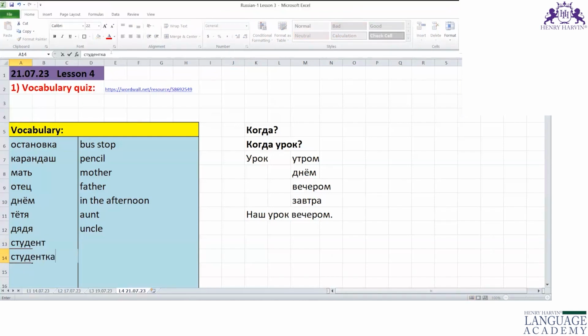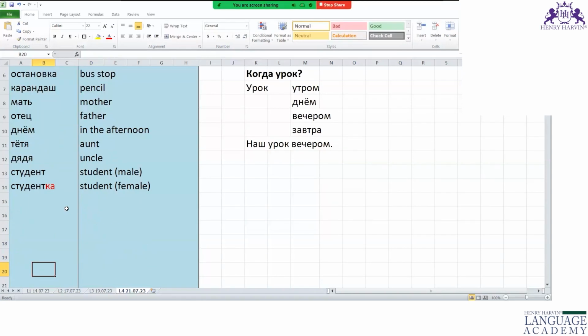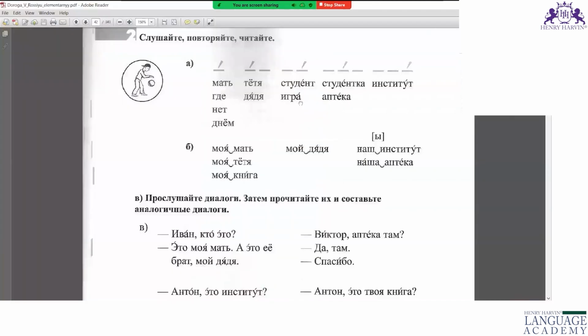We will elicit the suffix ка here to show that ка goes for female student. Student, male, and student, female. Okay, студент, студентка. Так, идем дальше.